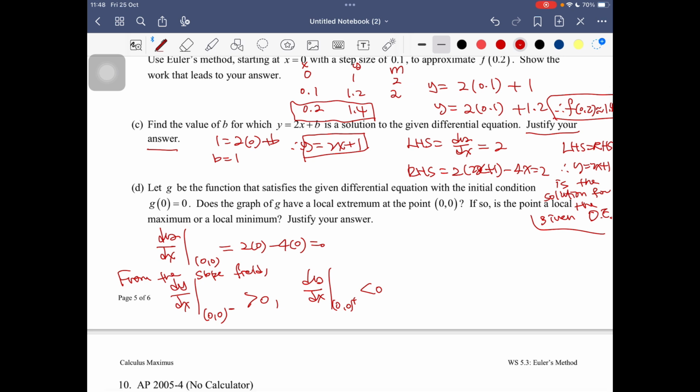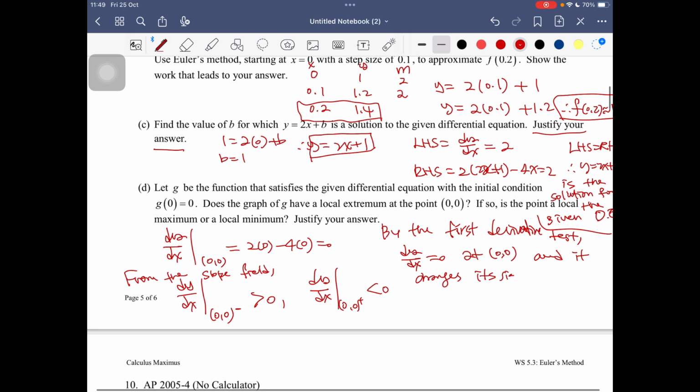So by the first derivative test, dy/dx equals 0 at (0, 0), and it changes sign when it passes (0, 0) from positive to negative.